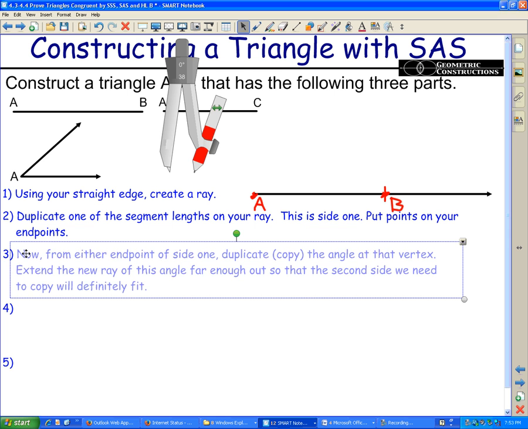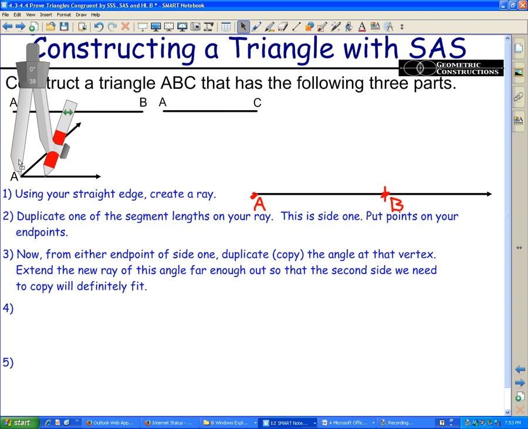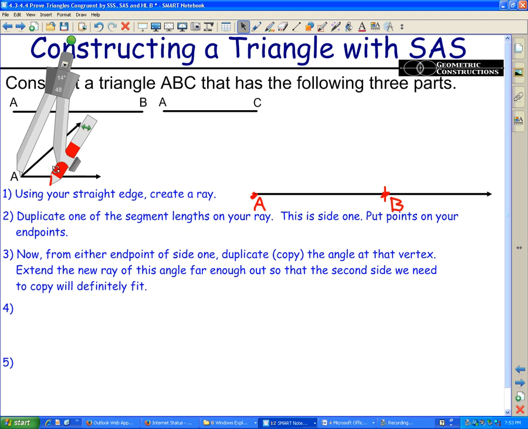We are now going to, from either endpoint, well, I picked the left endpoint because I already labeled it A, duplicate the angle at that vertex. So I'm going to come over here to angle A. I'm going to make an arc through the angle.